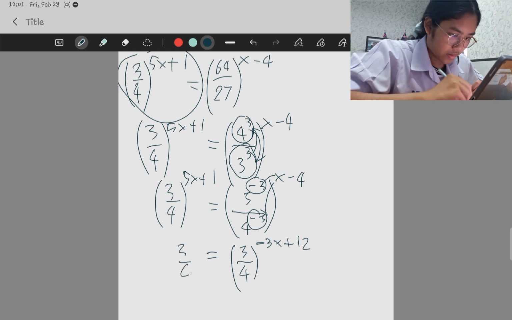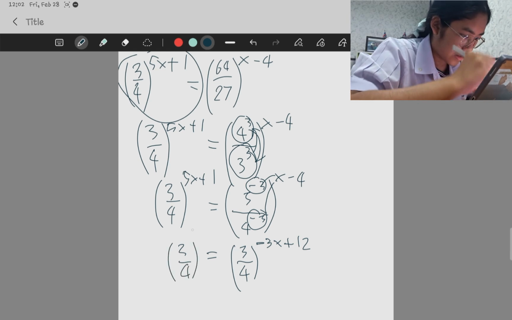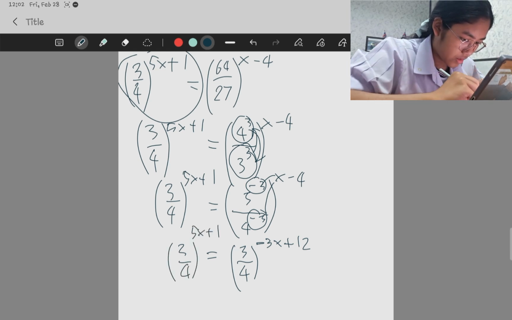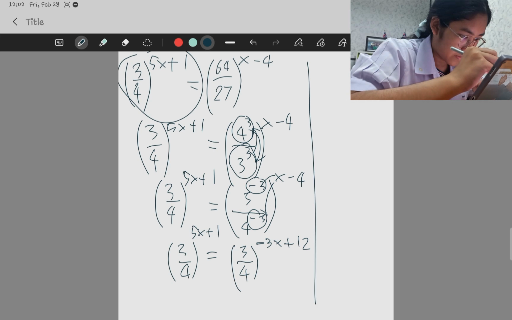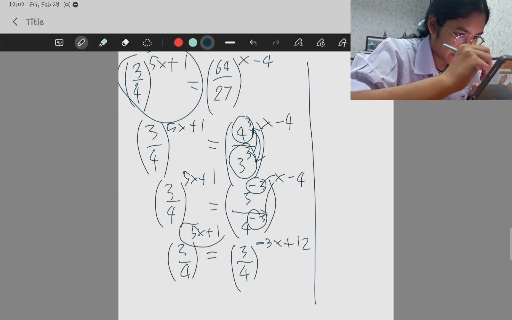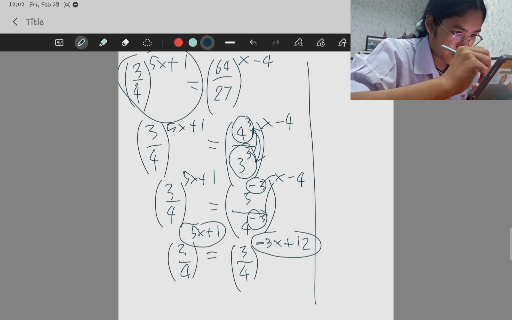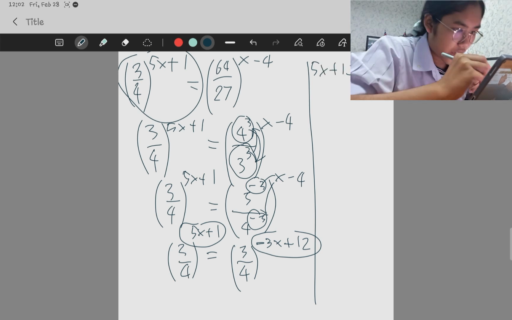And the base is the same now, so we can solve it like this and put them here. Okay, and then solve it.